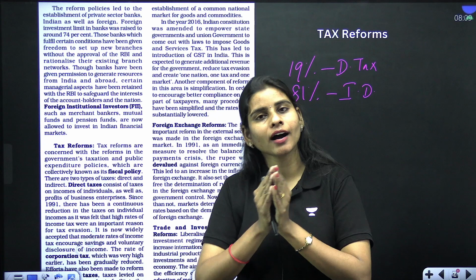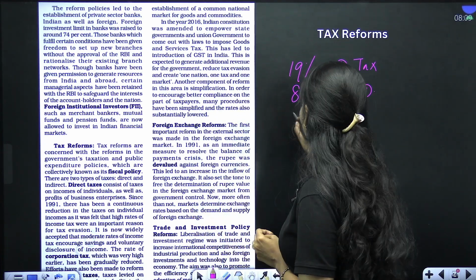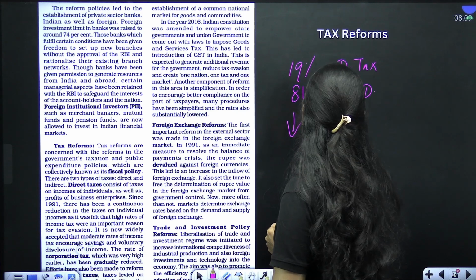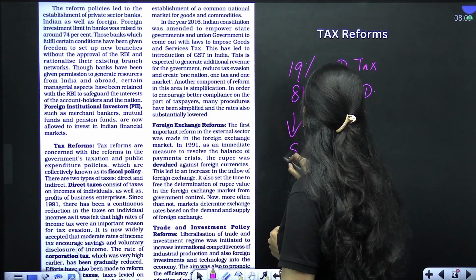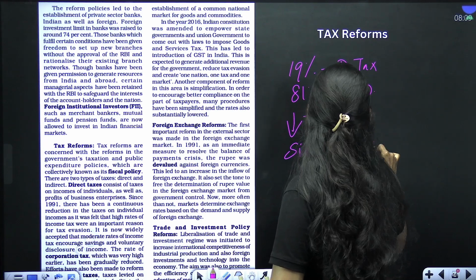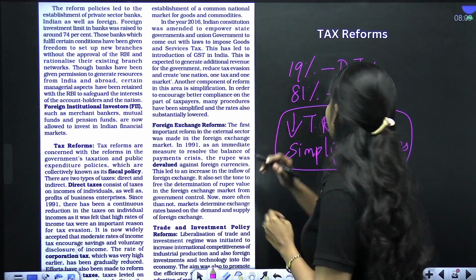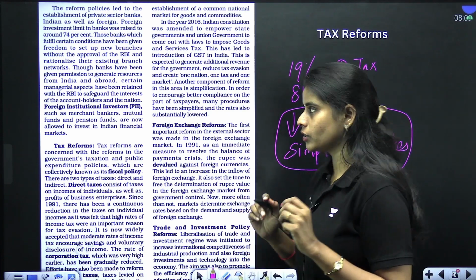So as part of the tax reforms, we did these things: reduce the tax rates and simplify the tax rates. So these were the two important measures taken by the government as part of the tax reforms.